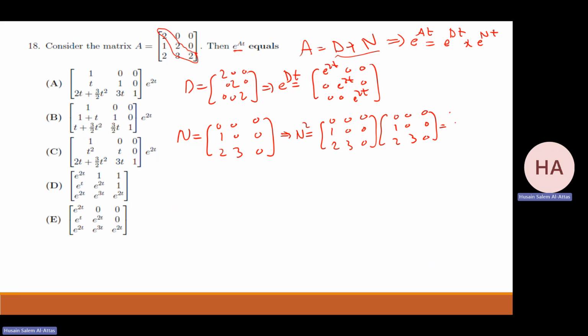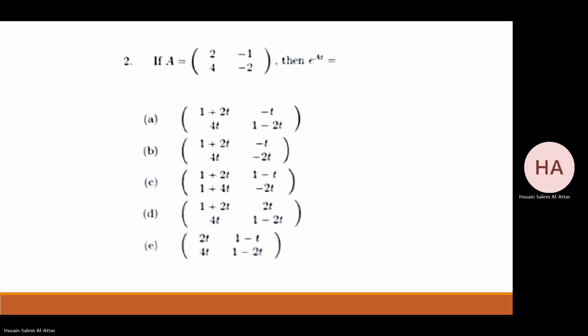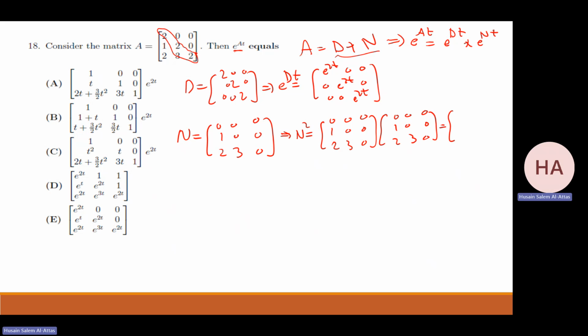And that will be what? 0, 0, 0. First row, second row times first column, that will be 0. Now here we need to be careful. That will be 3: 2 times 0 plus 3 times 1 plus 0 times 2, which is 3. And the rest are 0. Very clear, N cubed will be 0. Check.